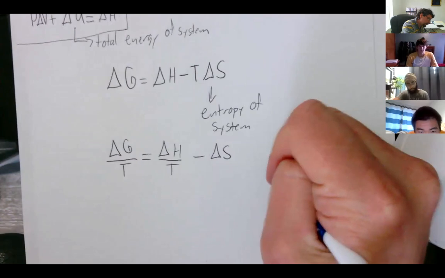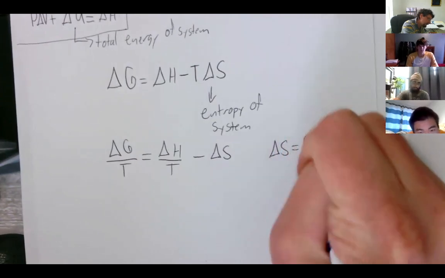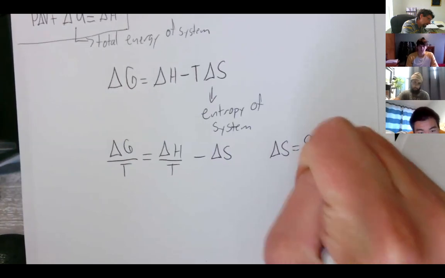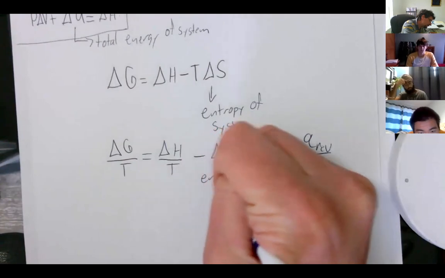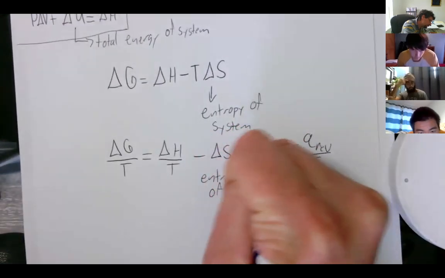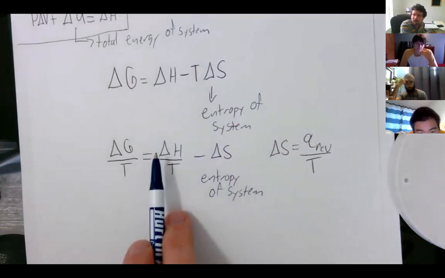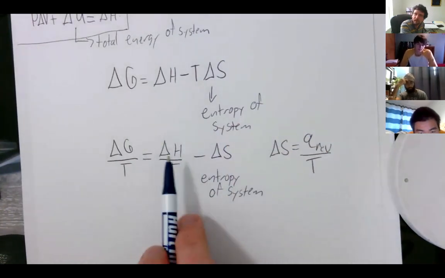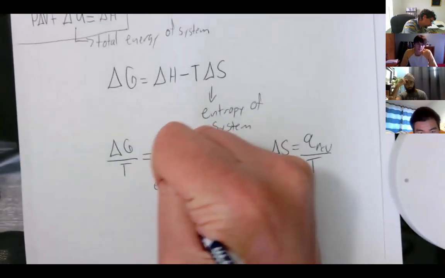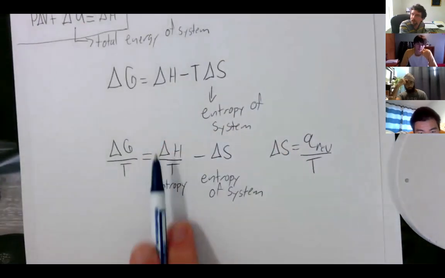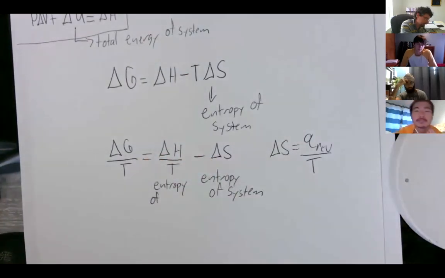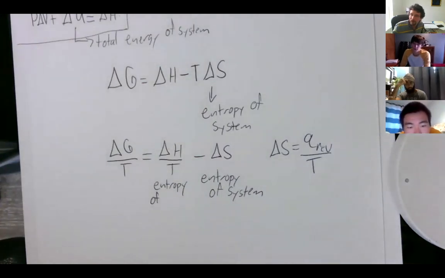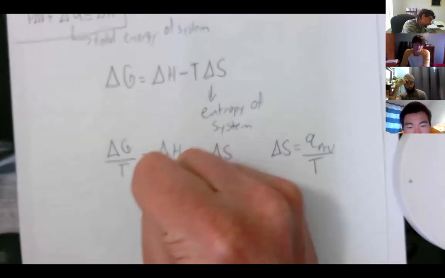And entropy is related to a heat divided by a temperature. So this is the entropy of the system. This is also an entropy. What is this the entropy of? The surroundings. Yep, it's the entropy of the surroundings.